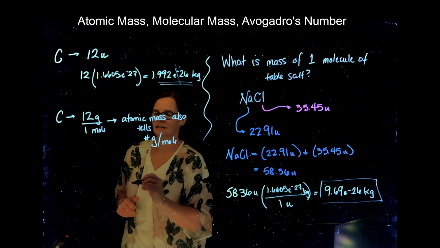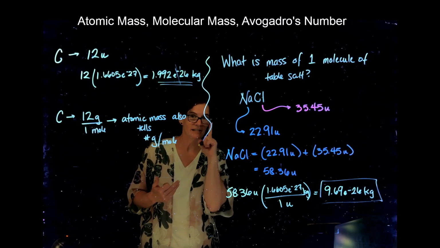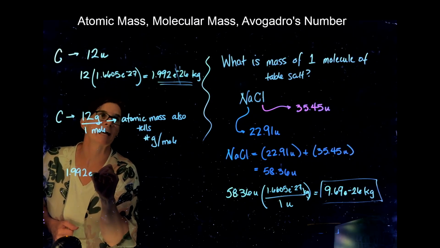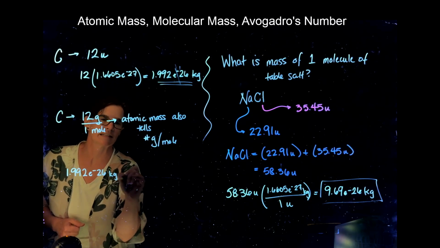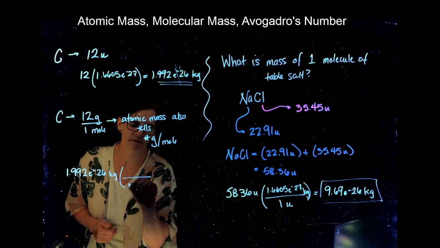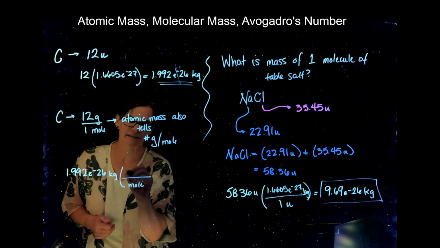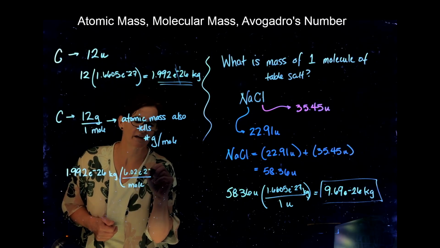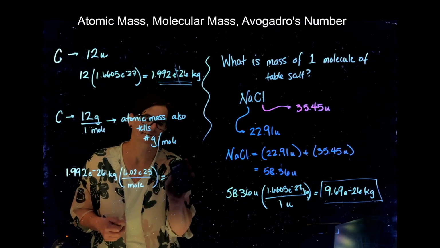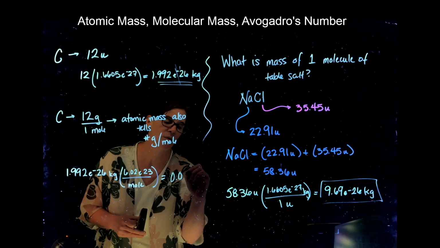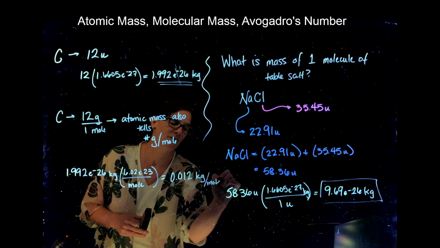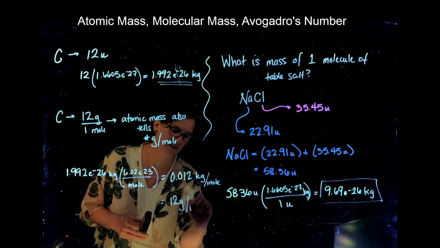If 1.992 times 10 to the minus 26 kilograms is the mass of a single atom, and I take the number of atoms in a mole, 6.02 times 10 to the 23rd, I actually get 0.012 kilograms per mole, which is 12 grams per mole.